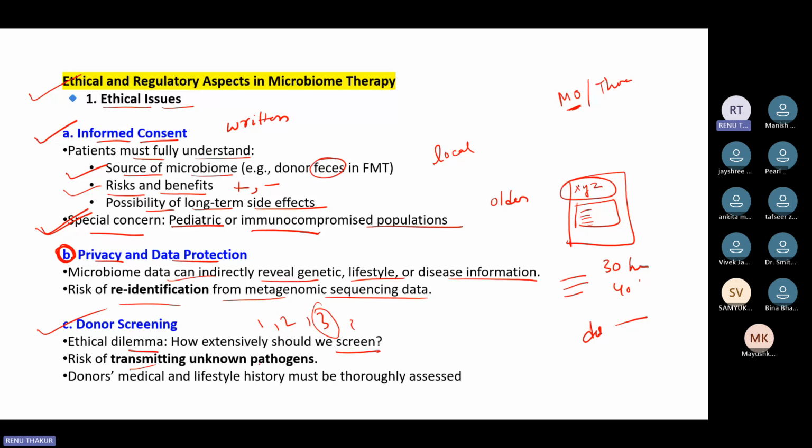Now, the risk of transmitting unknown pathogens. Whenever we go for any kind of surgical process or medical procedure, there are always chances of getting some unknown pathogens. For example, you know that Pseudomonas readily grows on catheters, medical implants, and all those things. Pseudomonas has the potential to form biofilm on any medical devices like implants, catheters, wounds, anything.